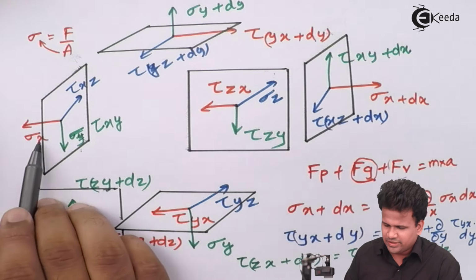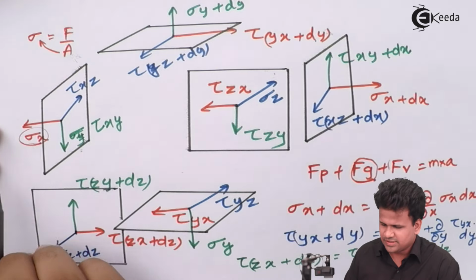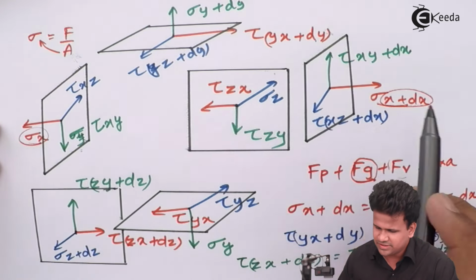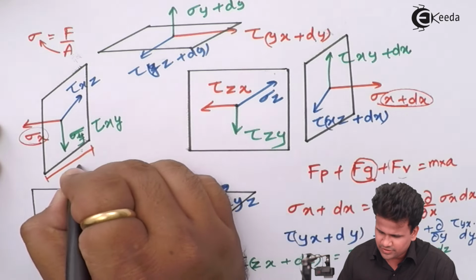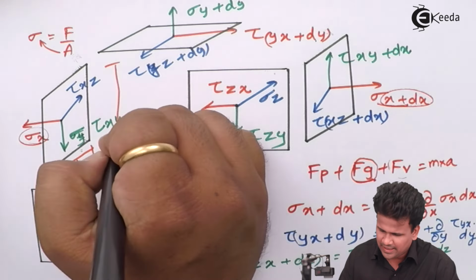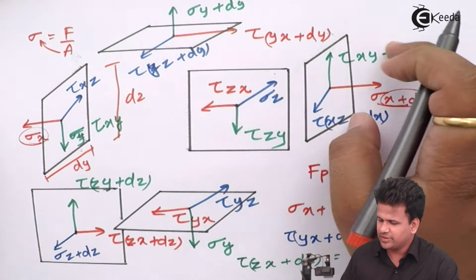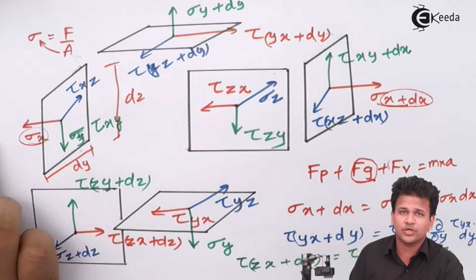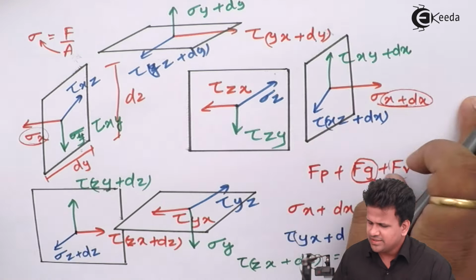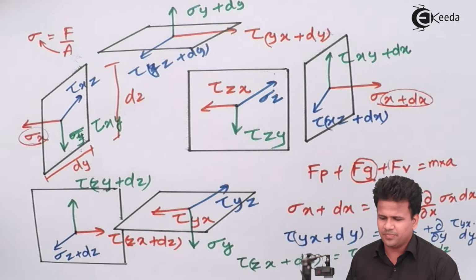Over here this is sigma x and sigma x plus dx. The area of cross section over here is dy and dz. Similarly over here dy into dz. This is going towards left, hence negative. This is going towards right, hence it will be positive.